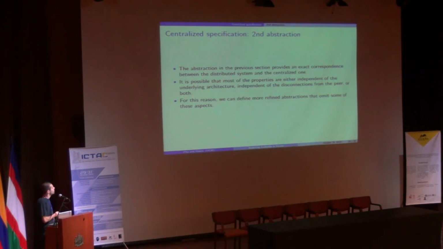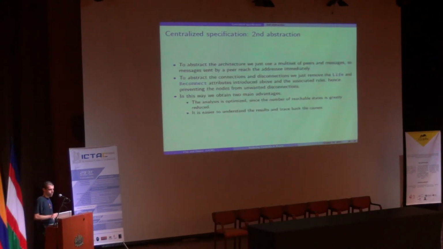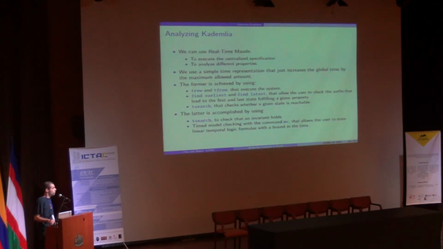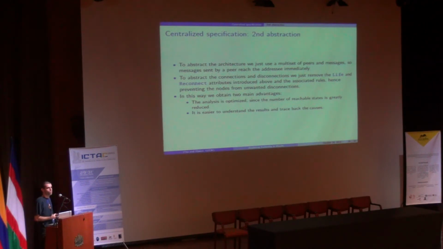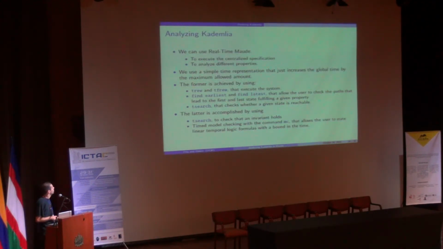So we have a second abstraction where we work just with a multi-set of objects and messages all put together, which improves model checking and makes the configuration easier to understand. Well, we have other formal abstractions that you probably know, like partial order reduction and so on, but we're not going into details here. So, okay, now we can execute Kademlia in a centralized specification and check properties on it.